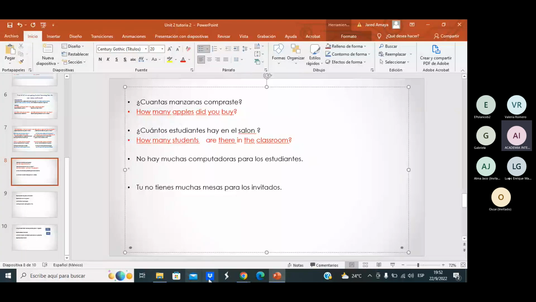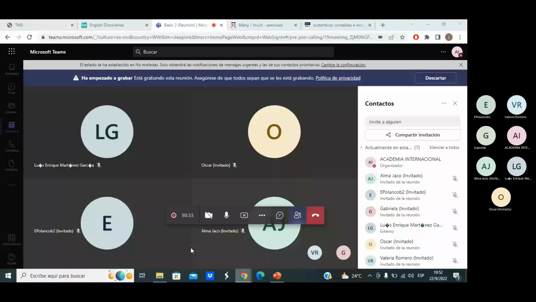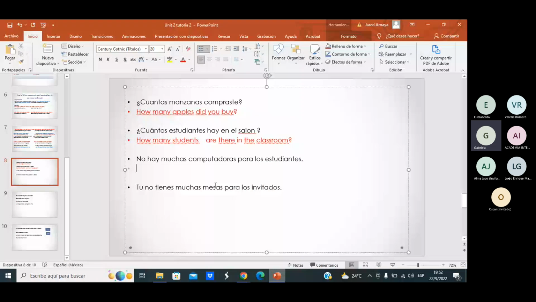Okay, let me choose one person. Gabriela, are you here? Yes, I am. There aren't many computers for the students.